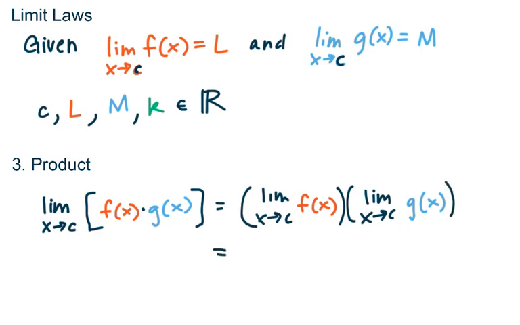So the limit of f of x is L, and the limit of g of x is m. So this would end up being L times m.